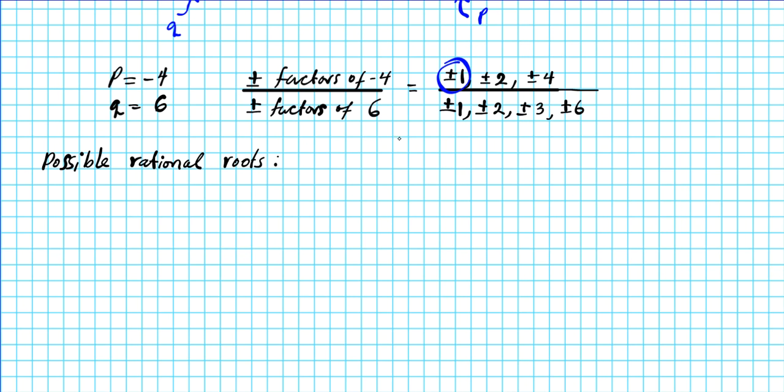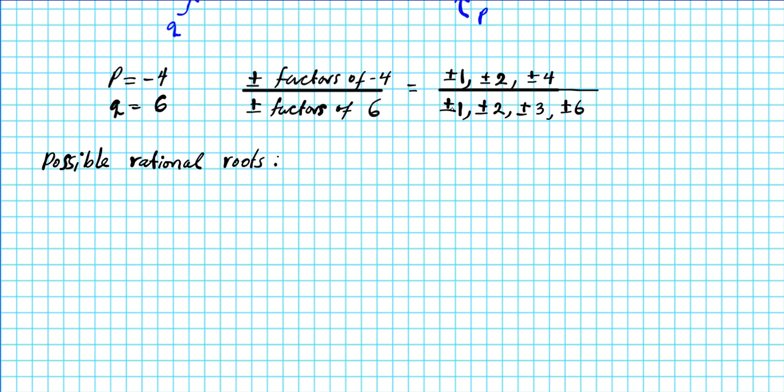Okay? And then when you're done with that, you move to the next factor in the numerator and you divide it by every factor in the denominator. And then you do that until you exhaust all the numerator factors, and that will give you the possible rational roots. Let's do it.